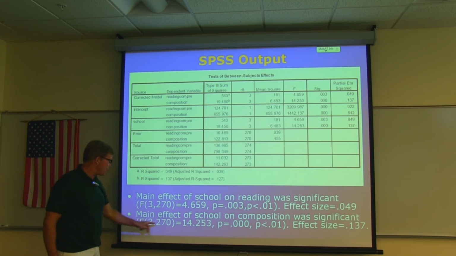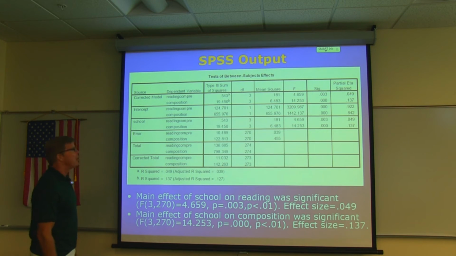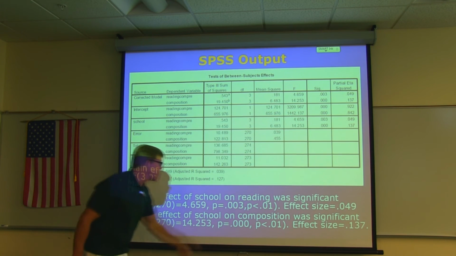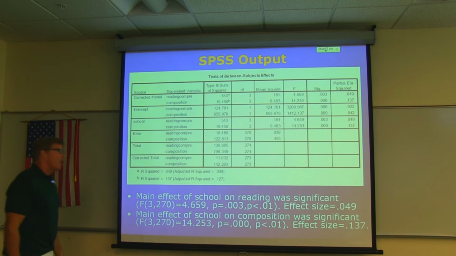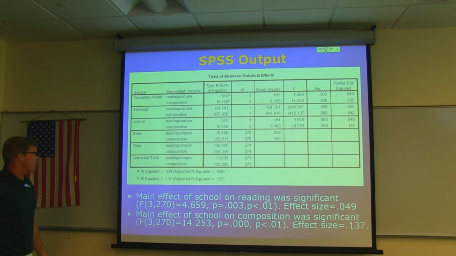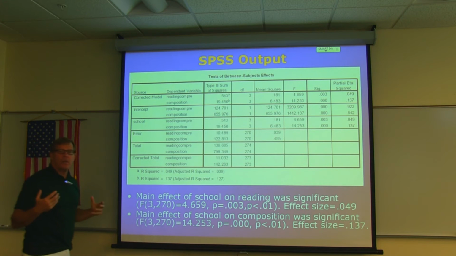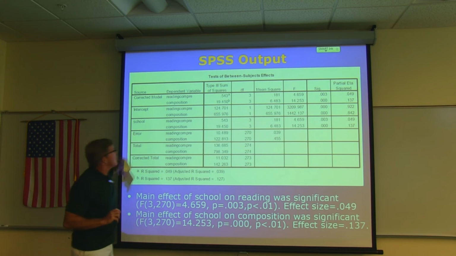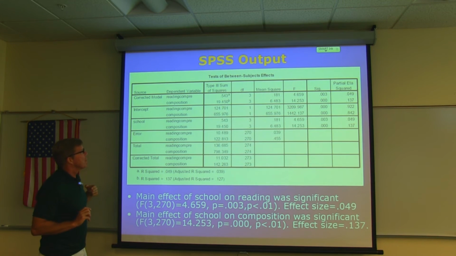F at 3 and 270 degrees of freedom is 14.253. Here we go. And we see P is very, very small, less than alpha, and we have a fairly small effect size. Okay, so we have significant post hoc one-way ANOVAs on each of these DVs. Now let's proceed.